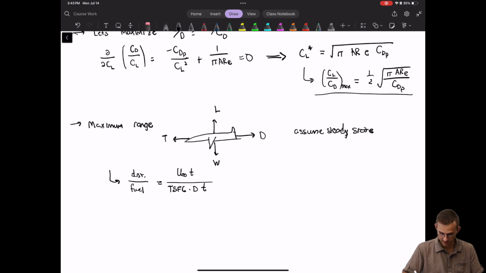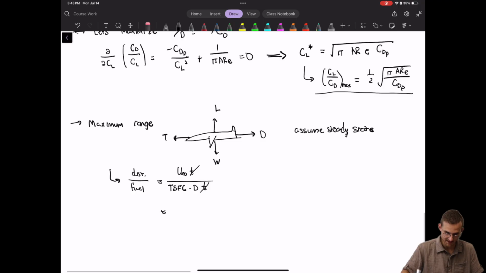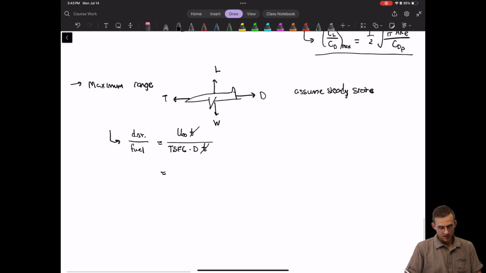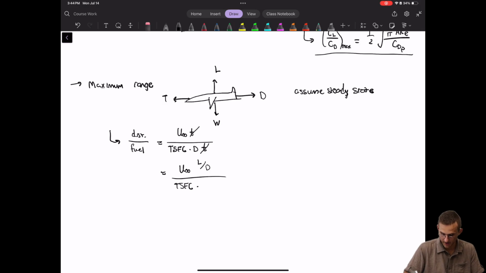The thrust falls out, and you can rewrite this again by essentially multiplying by 1, which would be multiplying by L over W, since L is equal to W in steady state. So you have U infinity, we can pull that D into the denominator as L over D. And then at the bottom, we still have TSFC times the weight, okay?